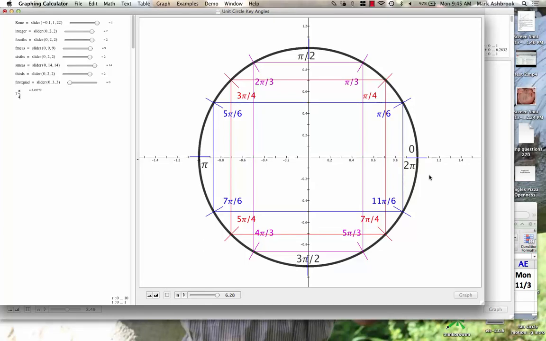Okay, so now let's estimate for pi over 6. Tell me an estimate for the cosine. Braden, what would you estimate the cosine to be here? 0.9.